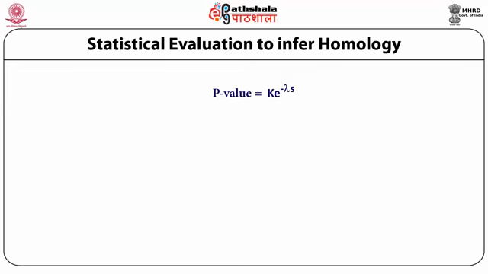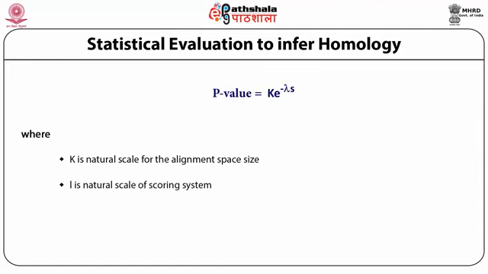The p-value is given by K multiplied by e raised to the power minus lambda S, where K is the natural scale for the number of residues in two sequences, and lambda is the natural scale for the scoring system used for scoring alignment. E is an exponentiation function, and S is the actual raw score for the alignment.